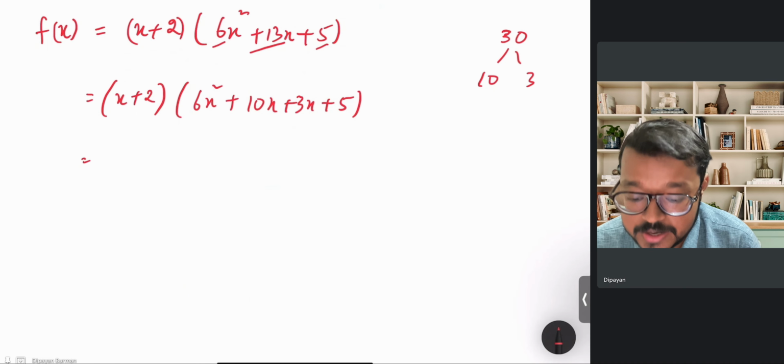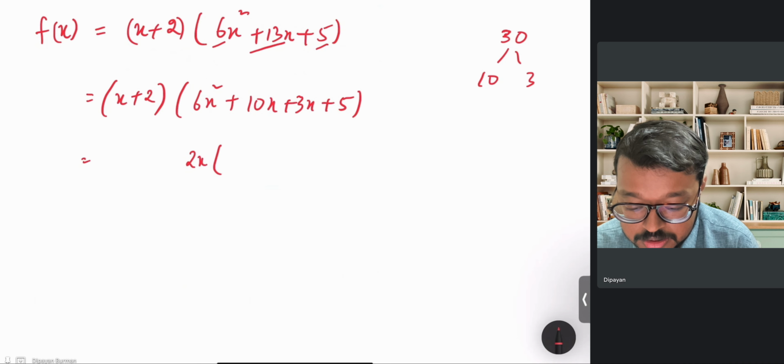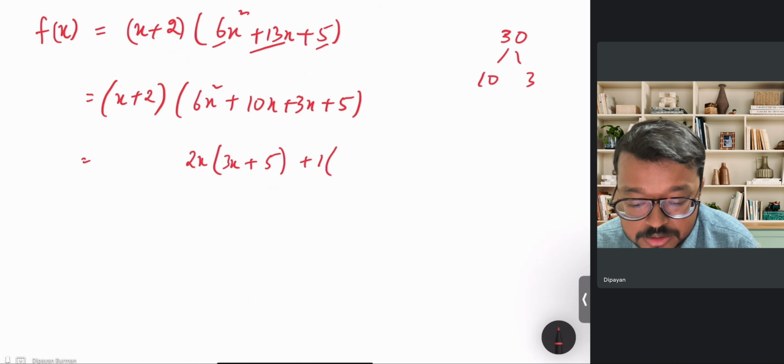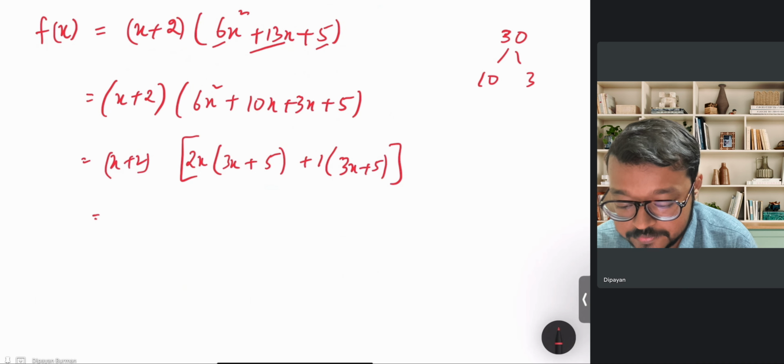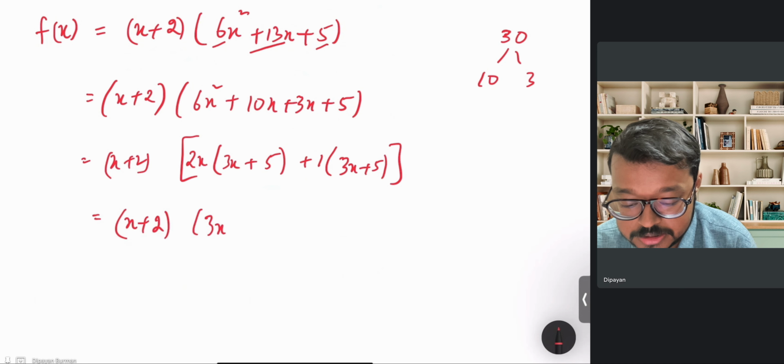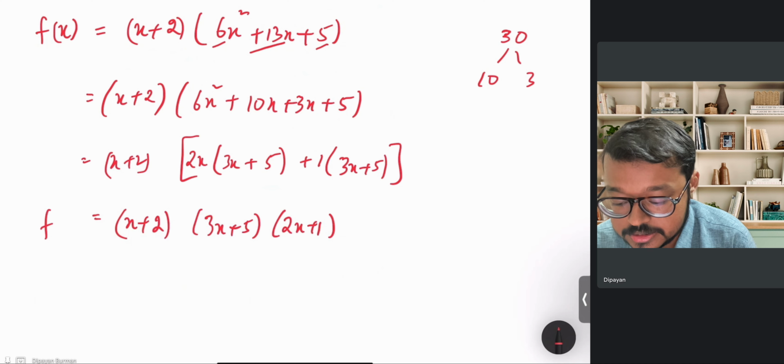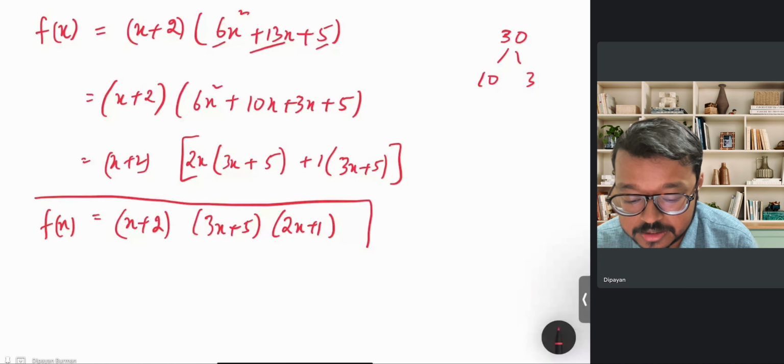Then taking common factors, 2x, I will get 3x plus 5, and I can write this as 1 into 3x plus 5. So therefore finally I'll get x plus 2 into 3x plus 5 into 2x plus 1. This is the cubic polynomial factorized completely.